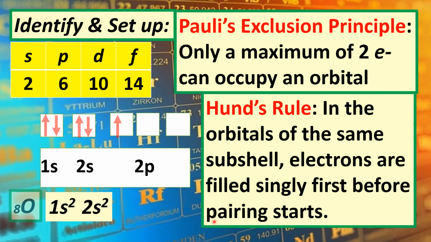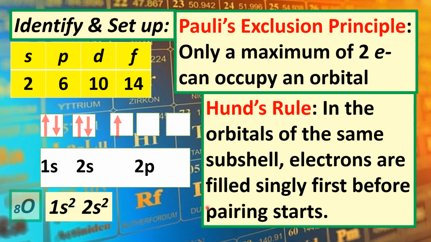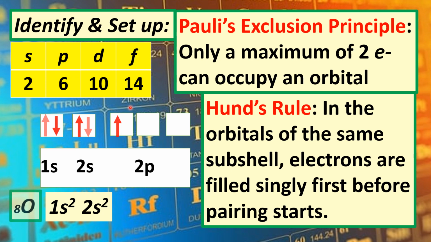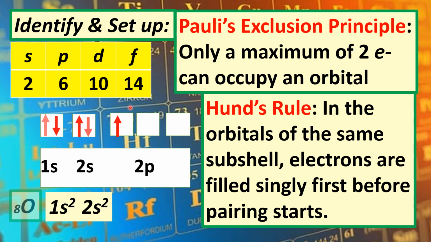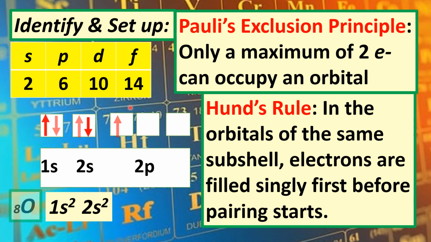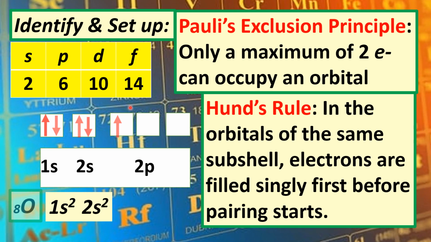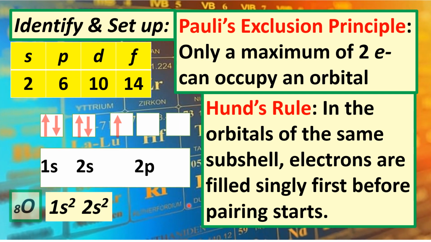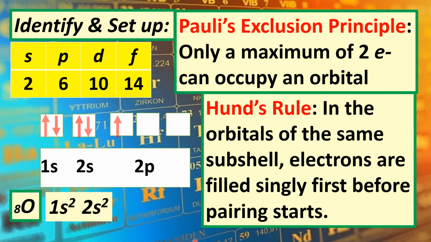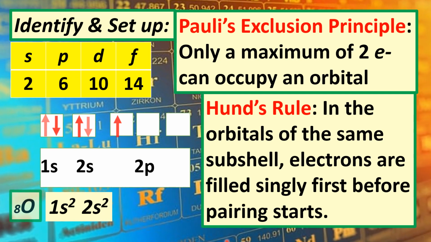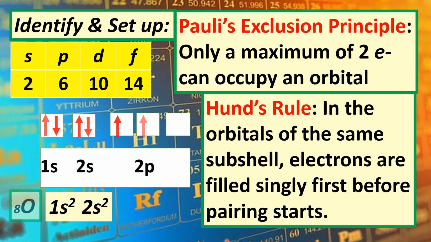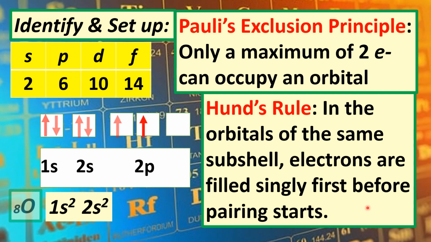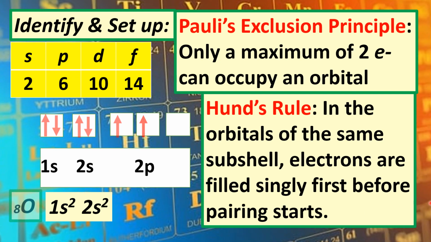Now, at this point, where do you think the sixth electron will go? In which p orbital will it fill? The answer is it will go to the next p orbital. That is according to Hund's rule.